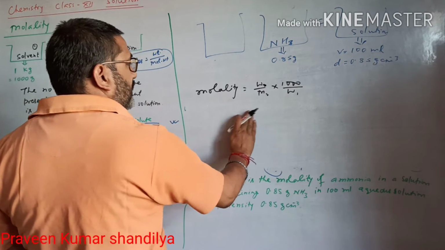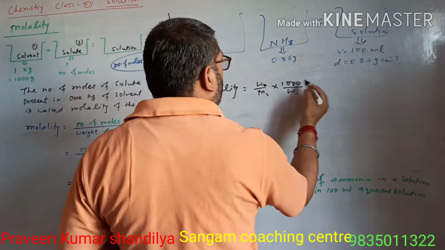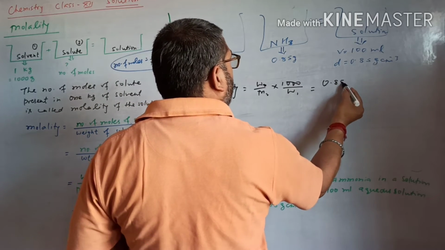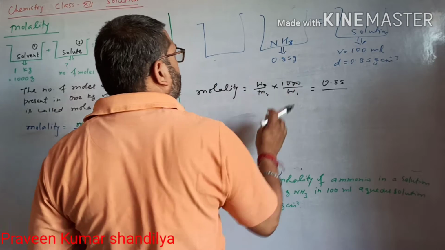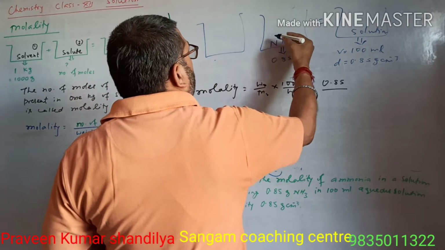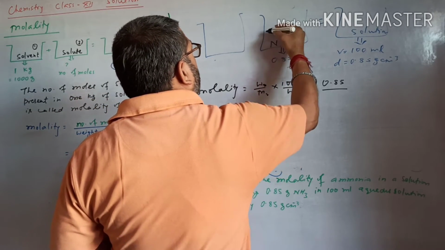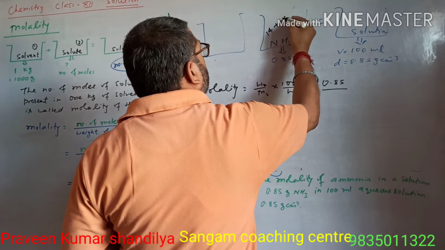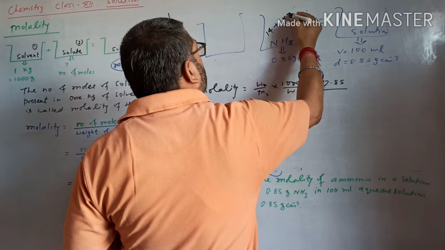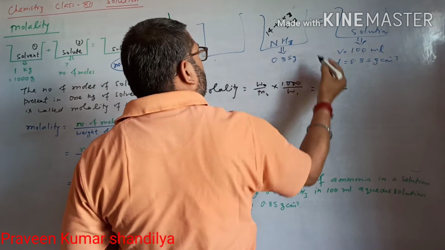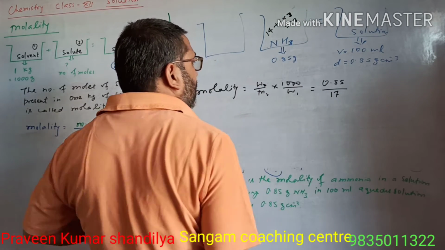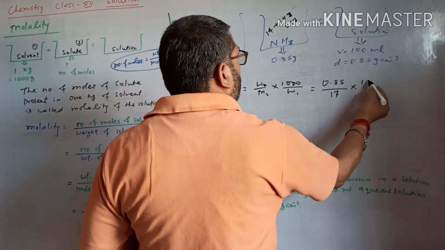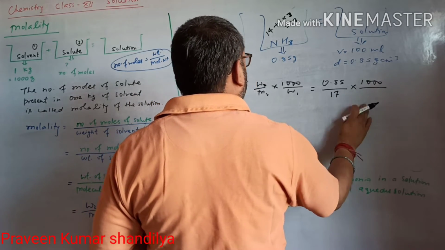W2 means 0.85. M2 we have to calculate: atomic weight of nitrogen is 14 plus hydrogen is 1, so 1 into 3. That means 17. Here we can write 17 into 1000 by W1.